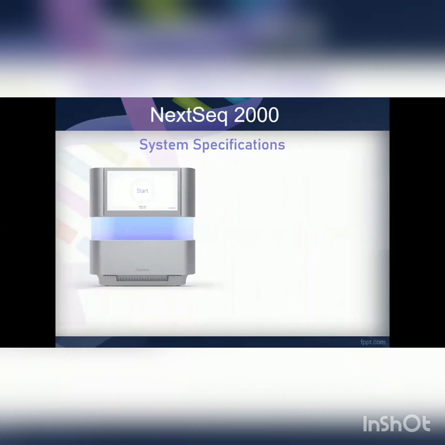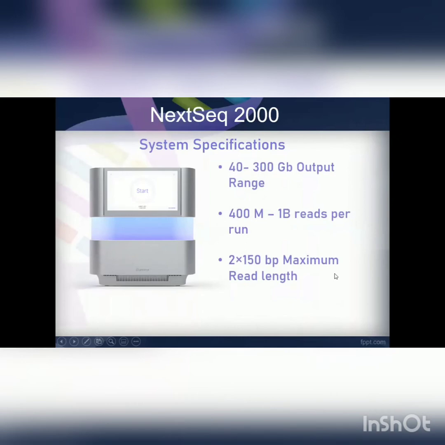Coming to the NextSeq 2000. The NextSeq 2000 has several system specifications like an output range of 40 to 300 GB. It can perform 400 million to 1 billion reads per run, and it has a maximum read length of 2 into 150 base pairs.